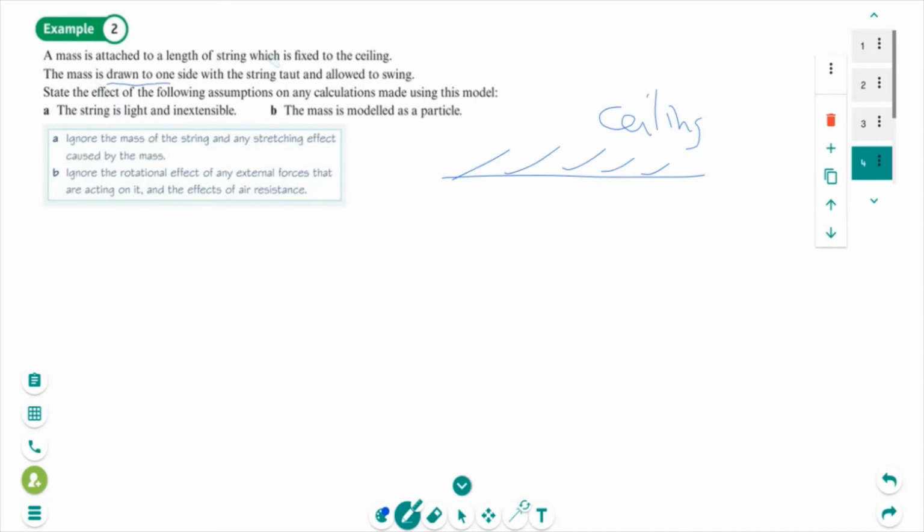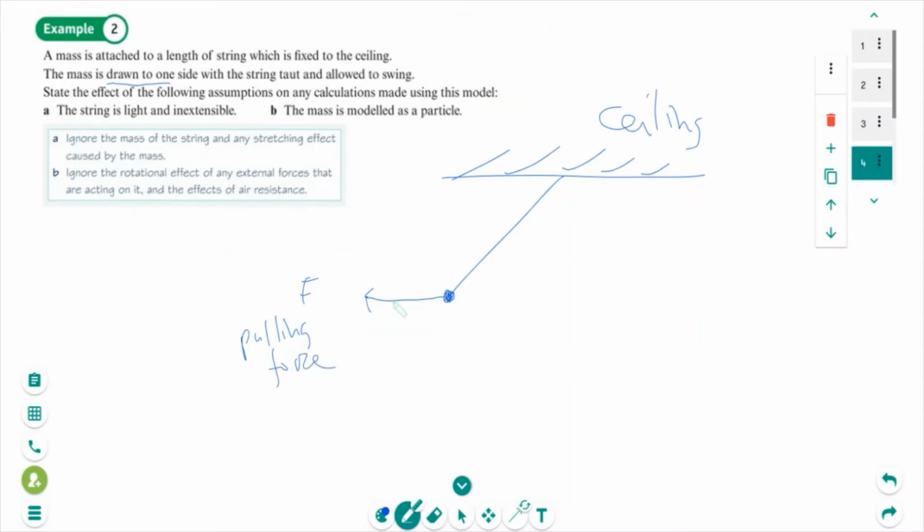This is the string being drawn to one side, this is the mass. To drag the mass to one side, that mass must have been pulled to one side. So you can imagine there's a kind of pulling force.